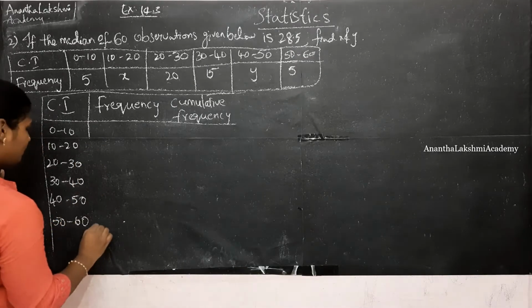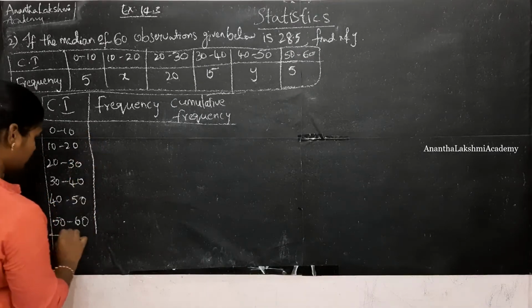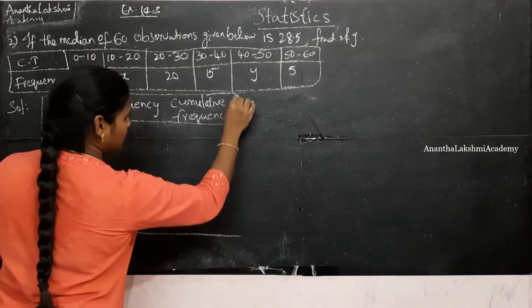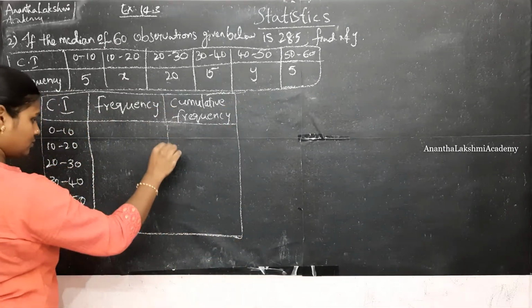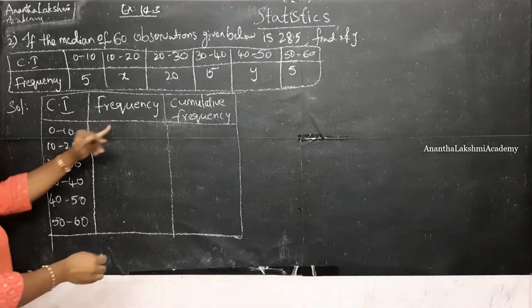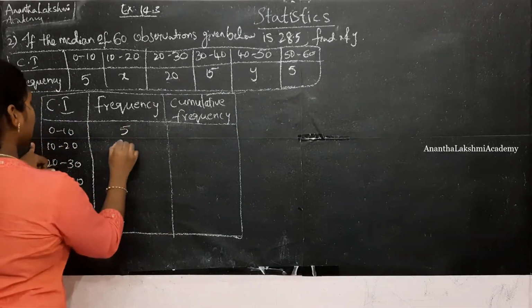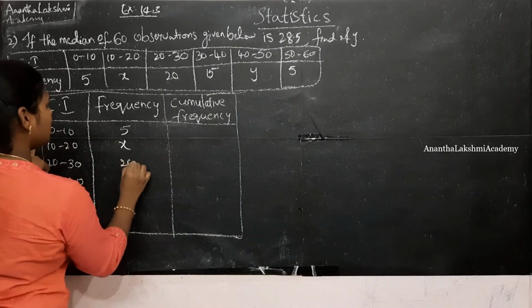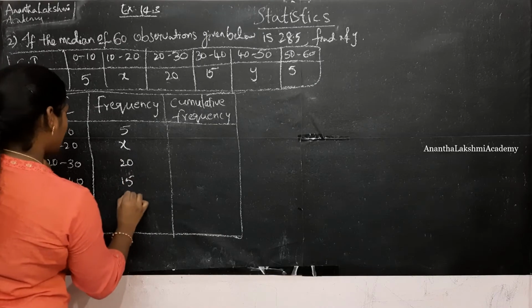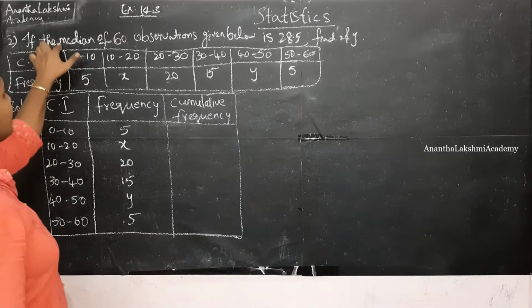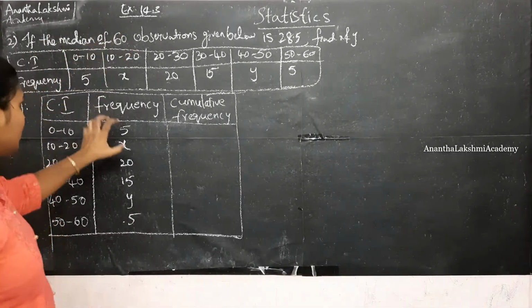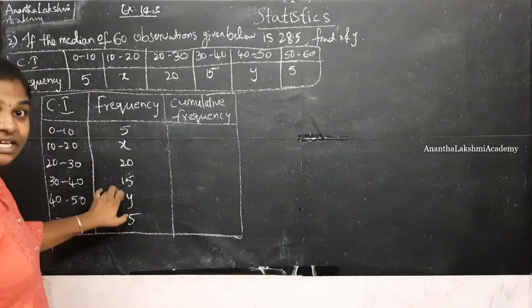This is what is given for us. What are the corresponding frequencies? 5, X, 20, 15, Y and 5. So what is given? Median of 60 observations is given. When you sum up all these values, this is going to be 60.